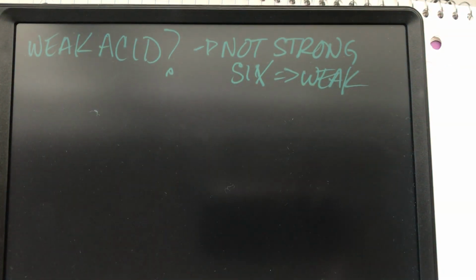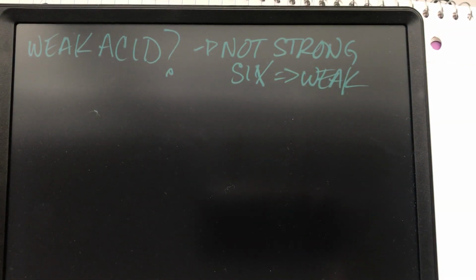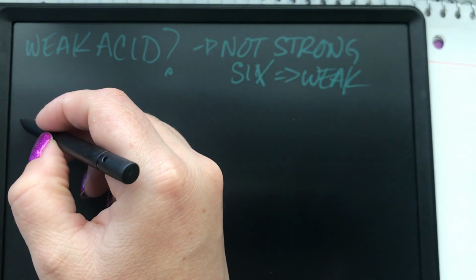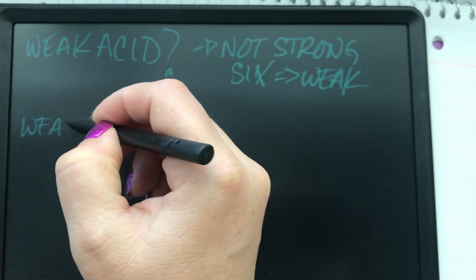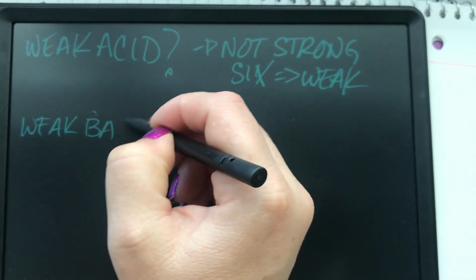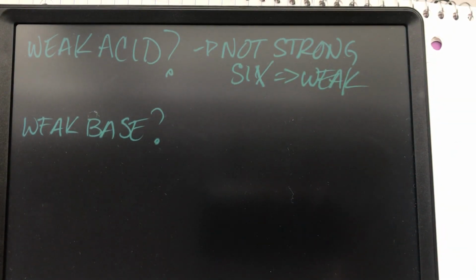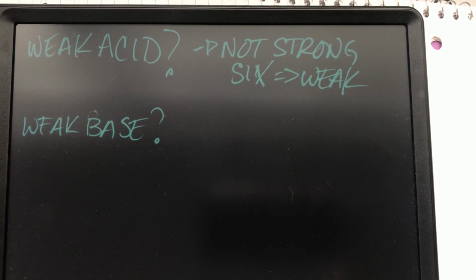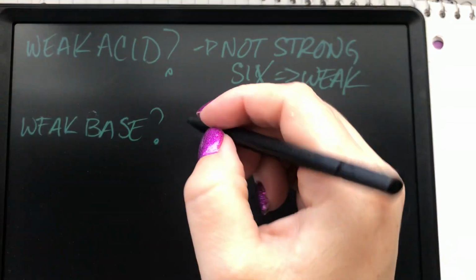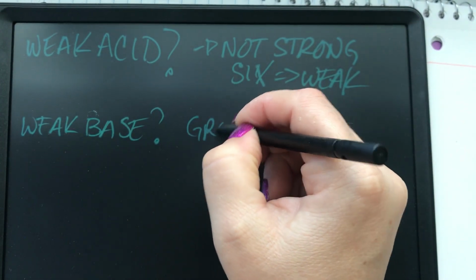Does that make sense, guys? And for a weak base, this one's less important because we deal more with acids than bases. But it's the same concept: if it's not strong, then it's weak. And what are our strong bases? Sodium hydroxide?